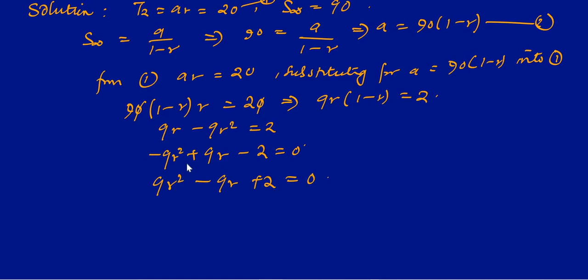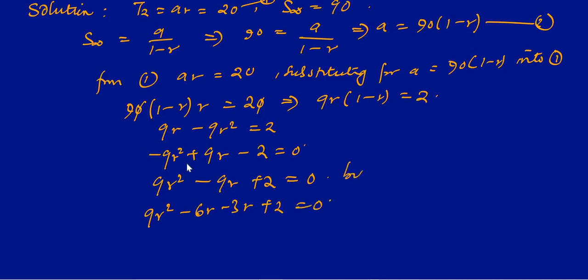So what we are going to do here now is find two numbers. So you have simple factorization. That can give you 9R squared minus 6R minus 3R plus 2 equal to 0.